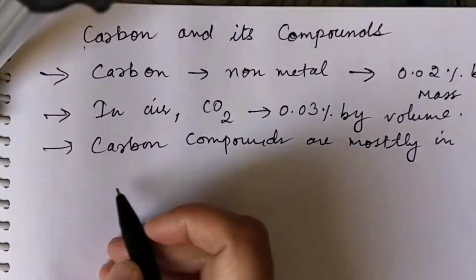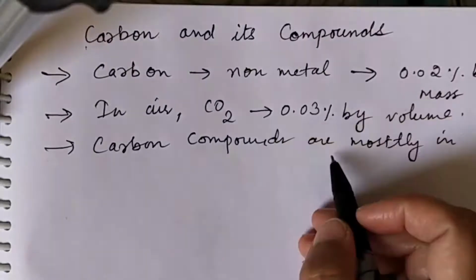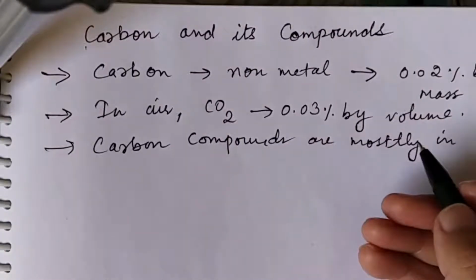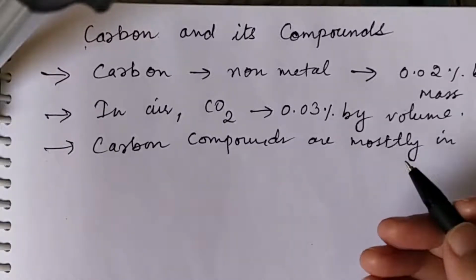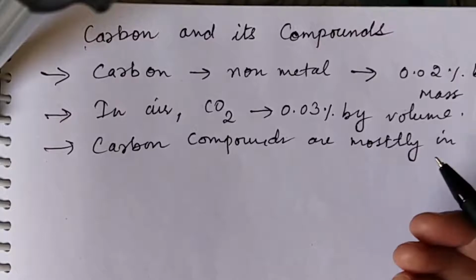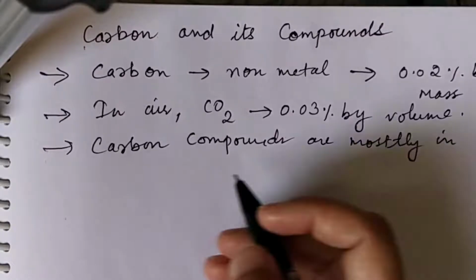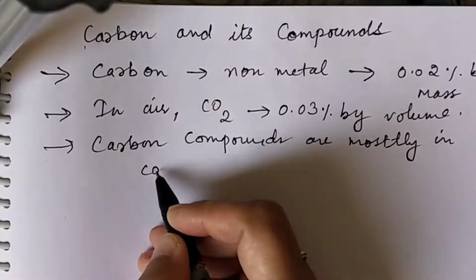Because in this chapter we are going to study carbon compounds, how will you explain that carbon compounds are mostly covalent as their basic nature?